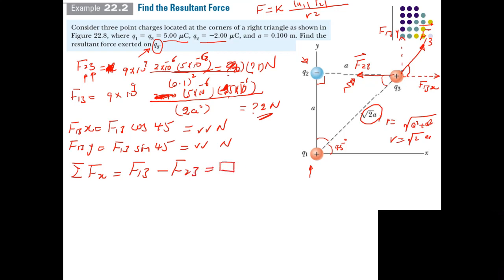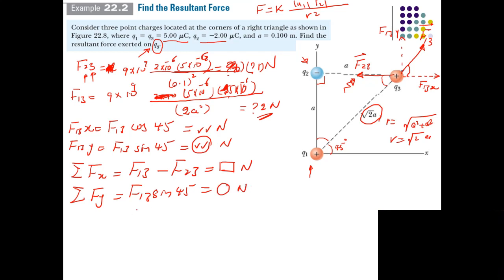So we're going to get some number in Newton. Also, the sum of Fy: we don't have any y component downward or upward other than F13. So the sum of Fy is simply F13 sine of 45, which is simply this number in Newton.